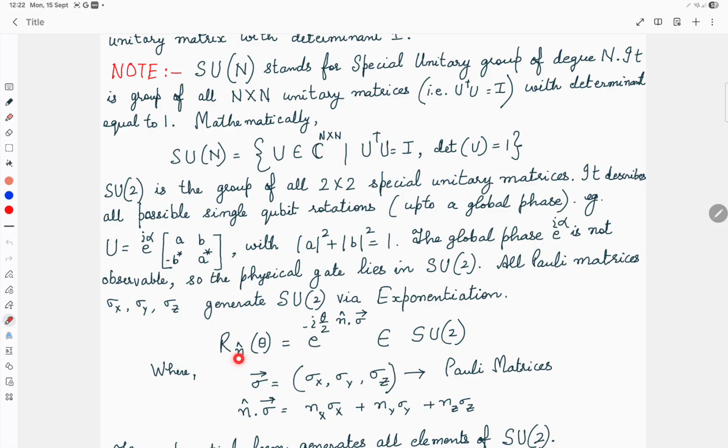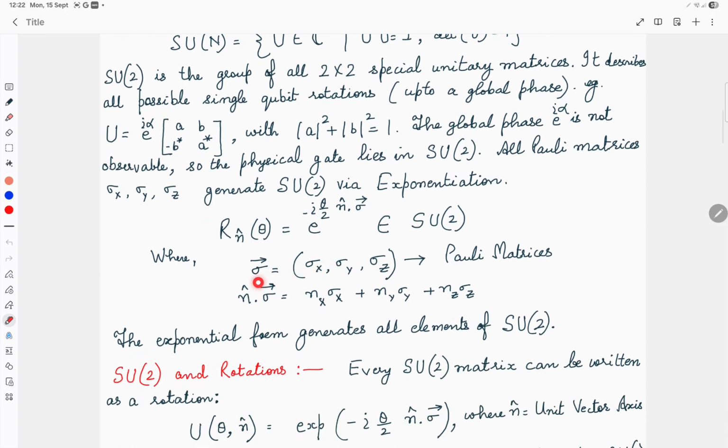So R, in the subscript, unit vector n of theta, is given by, this is how we can generate the rotation gate, e to the power minus iota theta by 2, where n cap dot sigma is the dot product between this unit vector and sigma, which is all the Pauli matrices. So this is my sigma, which gives me all the Pauli matrices, and this is n cap dot sigma, which is a vector. So this gives the dot product.